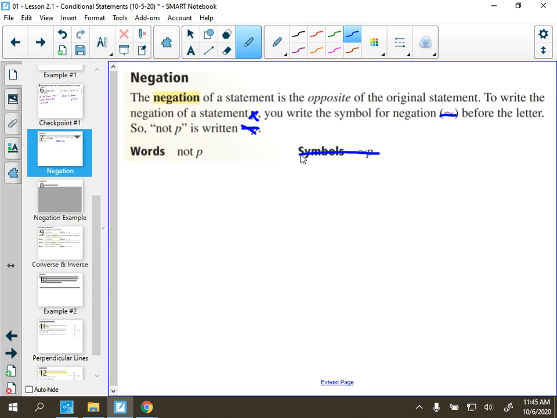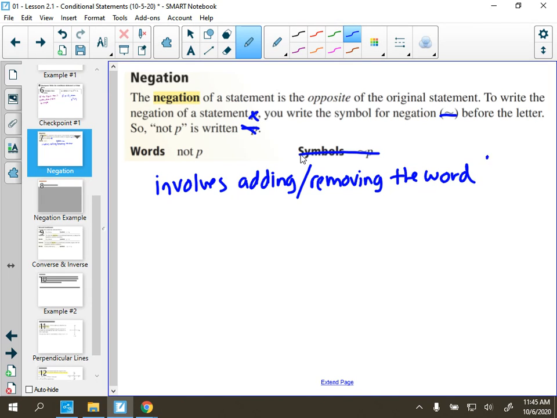The big note that we took was most of the time it involves adding or removing the word not, or some form of it, you know, aren't, don't, which are all contractions of do not, are not, hasn't, has not. So stuff like that. So once we associate the word negation with the word not, no problem.